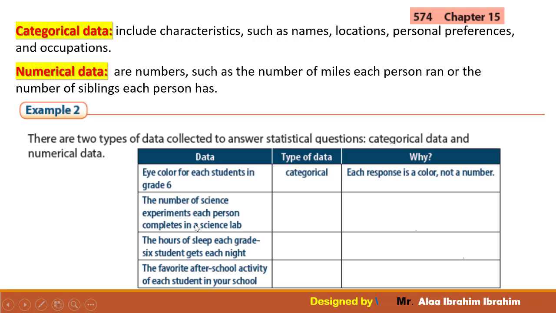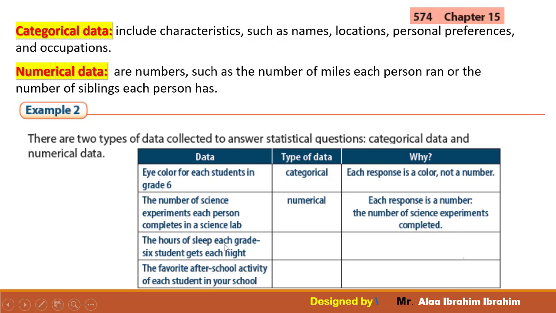You need the number of experiments completed. So this is a number, so this is numerical. Why? Because each response here is a number.